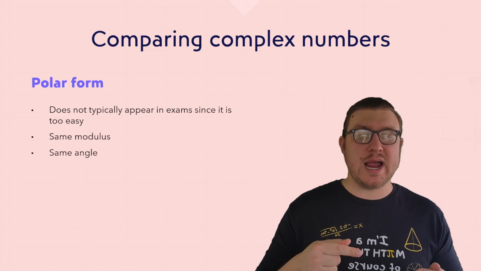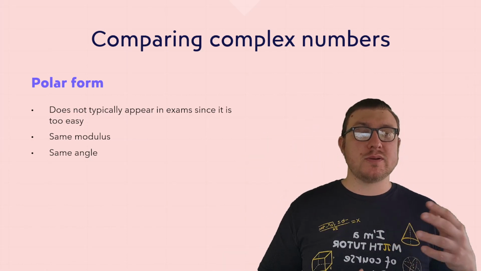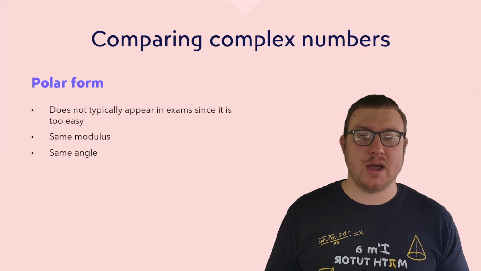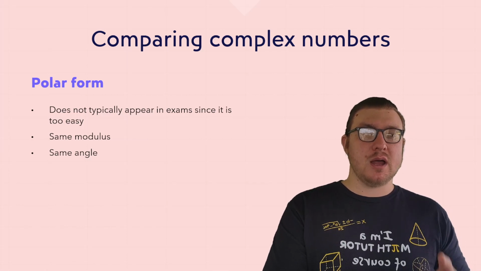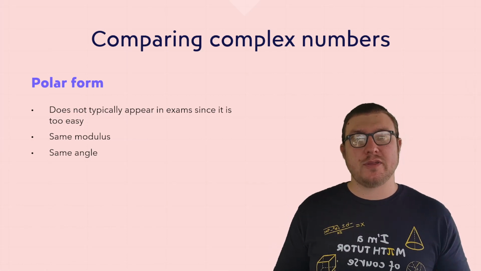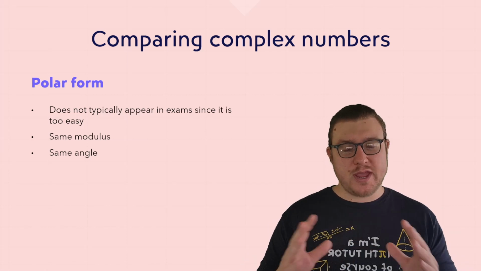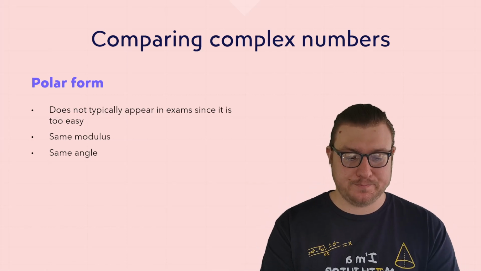We could also have 90 degrees plus 360 degrees. So it might not always look the same way when you compare complex numbers in polar form. Just be careful of that. But if you stick to the rule that your angle is always between minus pi and pi, then you're going to be fine and you can use this without having to think about it.